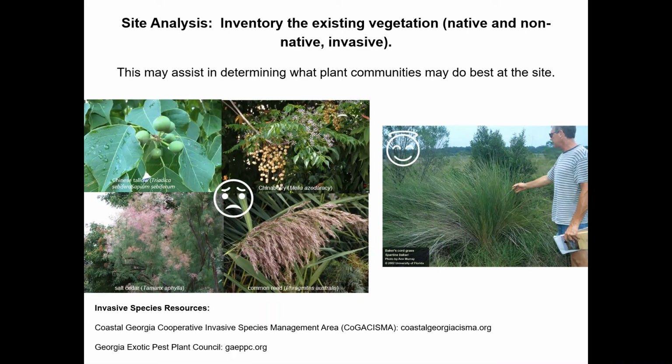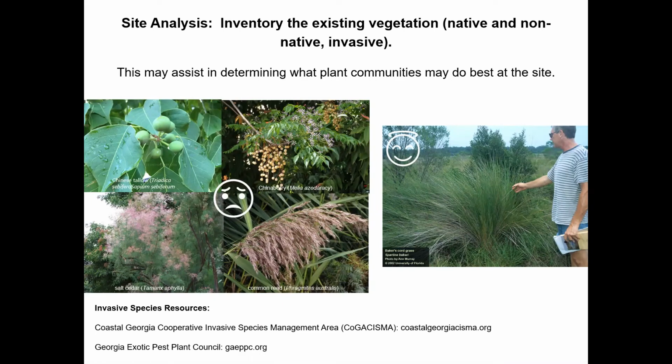I provide on the left examples of four somewhat pretty prolific and invasive plants that do occur here on the coast. We're very lucky because we have some wonderful invasive species resources. If you're not sure about this, we have the Coastal Georgia Cooperative Invasive Species Management Area, and that's their website, as well as the Georgia Exotic Pest Plant Council.